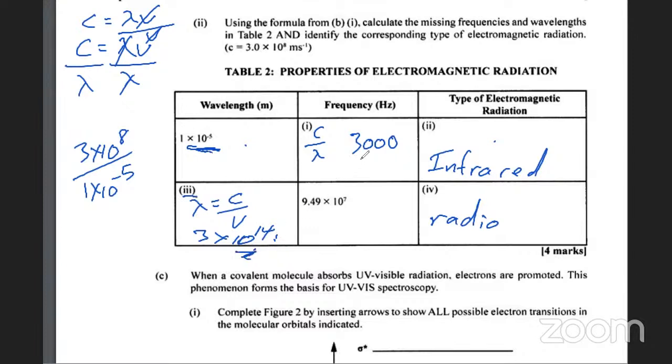But the electromagnetic spectrum has wavelength and frequency. You have the chart with you. So this is the simple formula that you would use to calculate it. Just remember C is lambda times V, and you can always transfer.